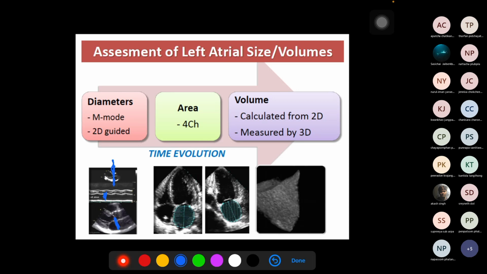We start from the apical 4-chamber view and apical 2-chamber view, in this one and this one. You use the zoom mode in this area and measure the LA volume. You trace the area over here and in the 2 chambers over here. The machine automatically calculates the LA volume on the screen and in the report.